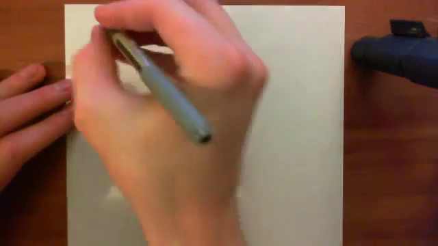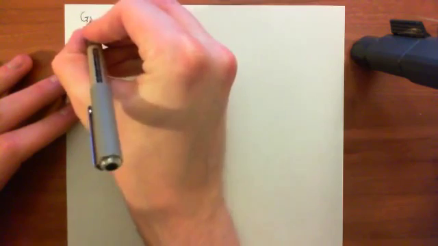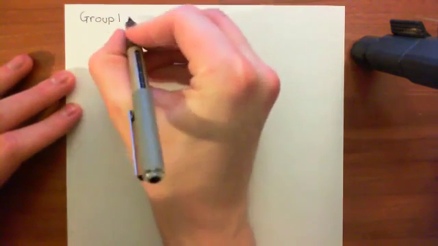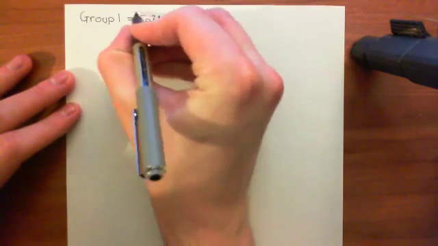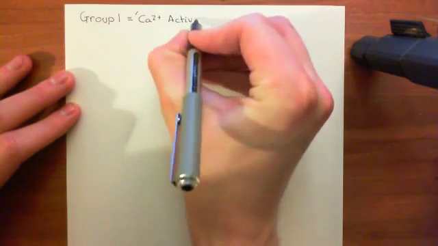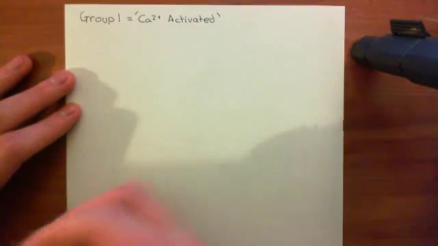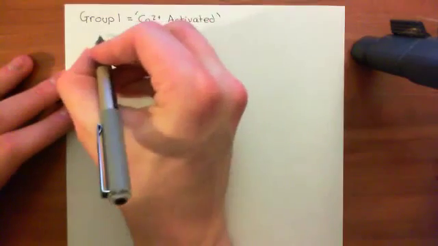Basically, adenylyl cyclases are grouped into 4 different groups. We'll start with group 1. Group 1 is also called the calcium-activated adenylyl cyclases, and it contains adenylyl cyclase enzymes which will be activated by an increased concentration of calcium in the cytoplasm nearby them.